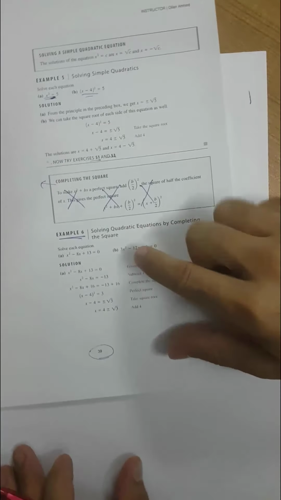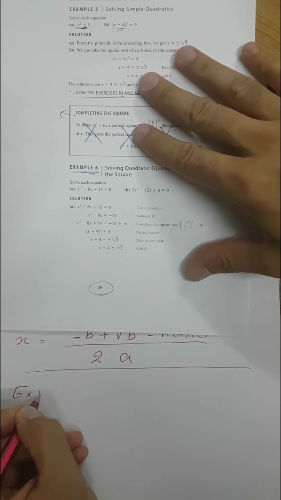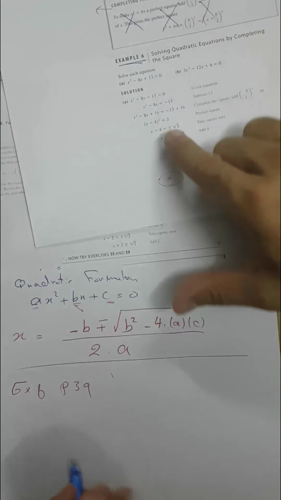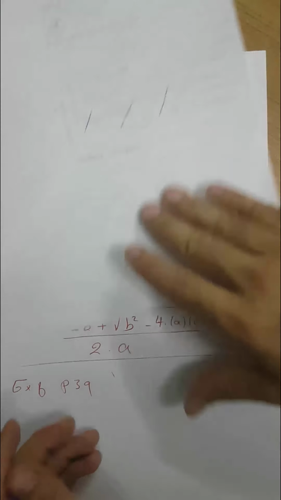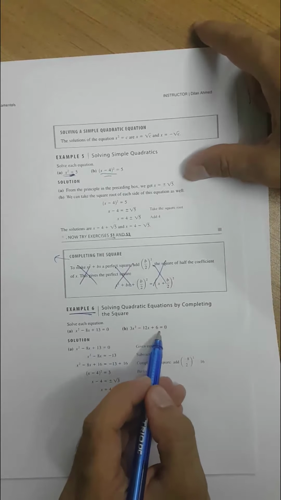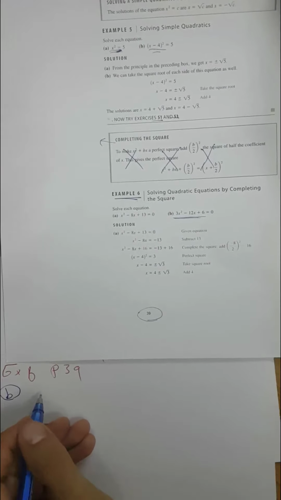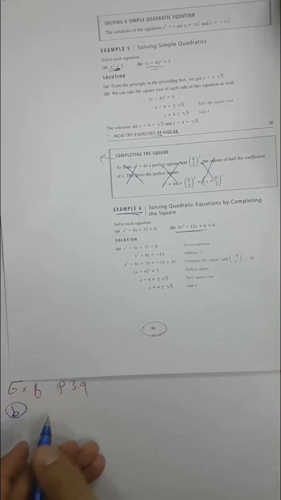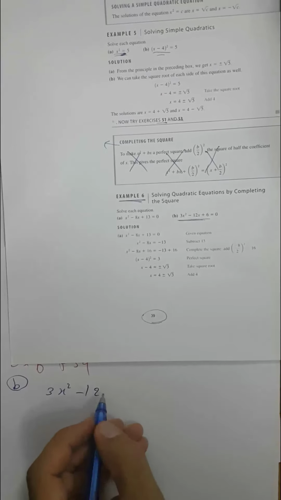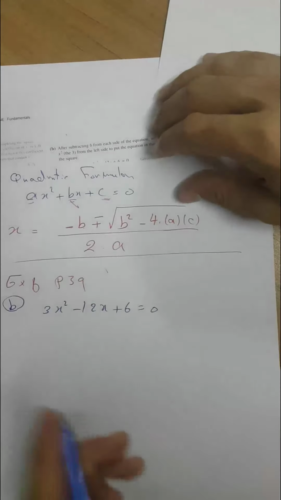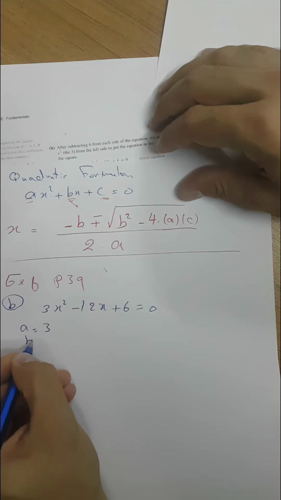Now I'm going to solve example 6, page 39, by this formula. The example has two parts. I'm going to solve part B for you. Try to solve part A by the quadratic formula. So I have 3x squared minus 12x plus 6 equals 0. How do you solve this one? Where is a? Where is b?